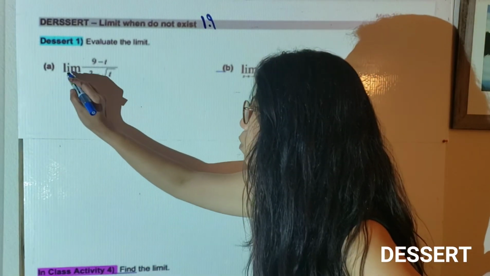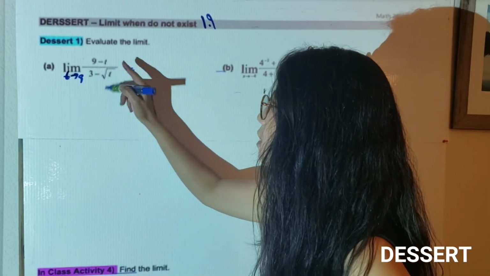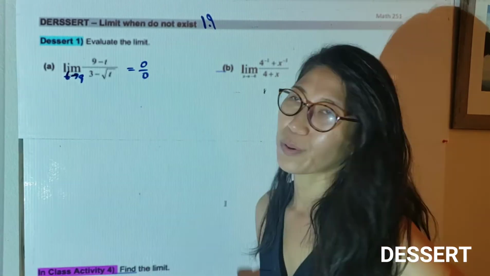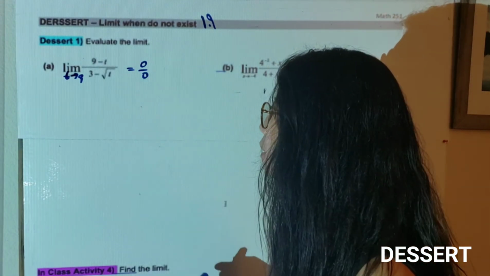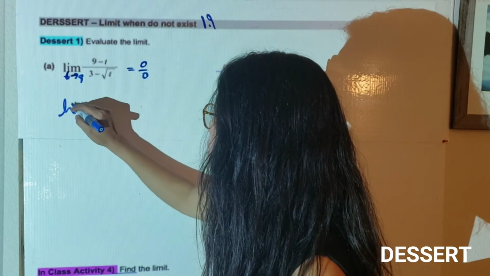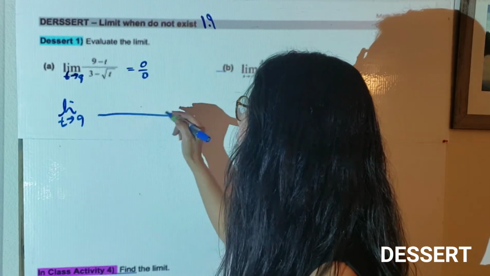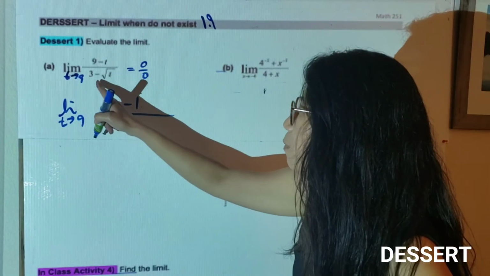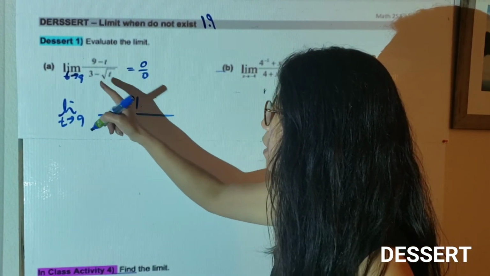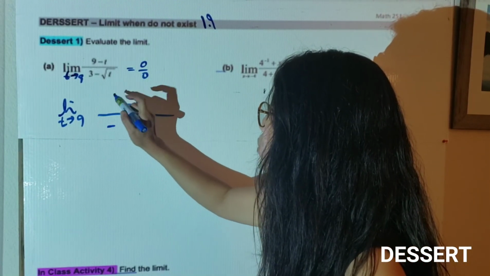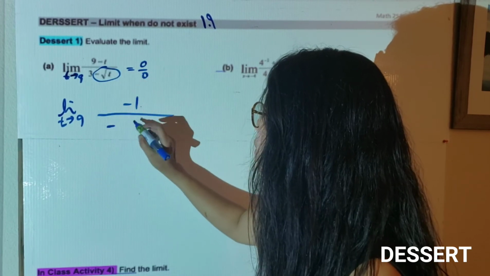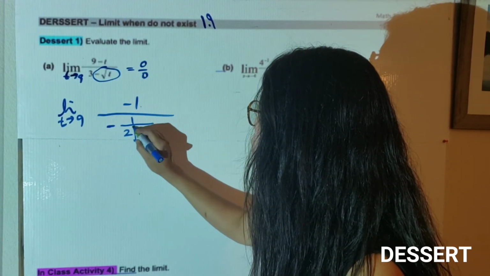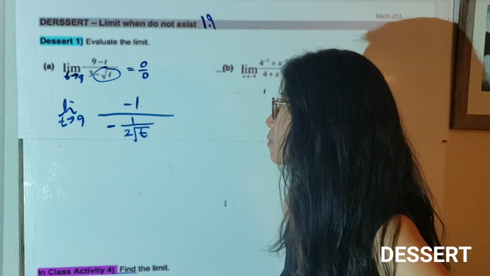As t goes to 9, if I plug in, do you see that it becomes 0 over 0? So I want to see if I can just take the derivative here. The limit as t goes to 9, and take a derivative. The top will be -1. The denominator will cancel out, negative. So I have to take a derivative of this one, right? So -1 over 2 square root of t.